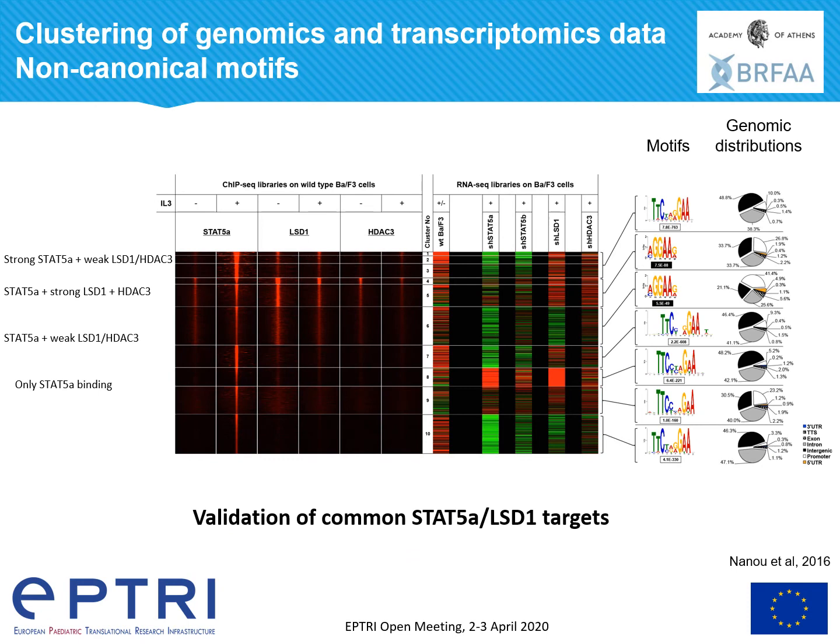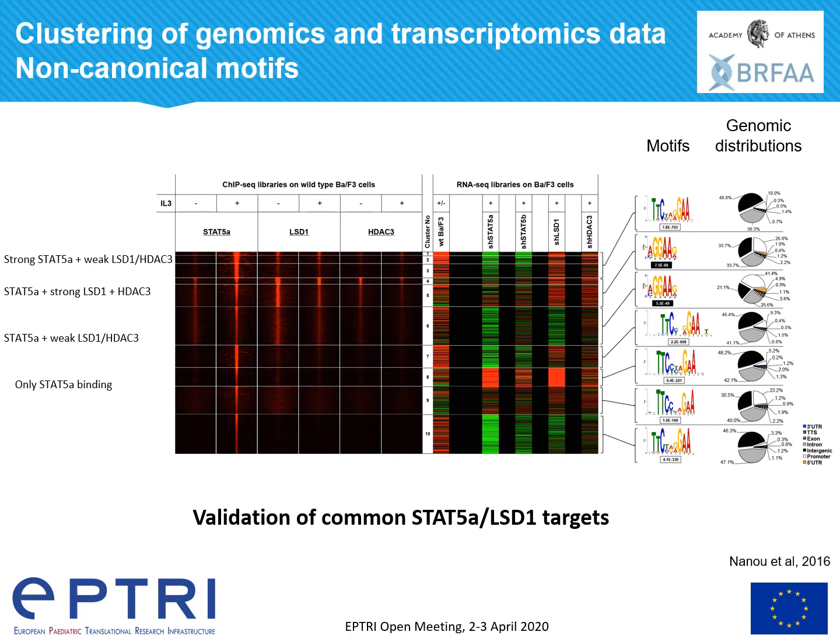We then performed clustering of the ChIP sequencing, the genomics and the transcriptomics data, and defined groups of genes with different binding of STAT5A, LSD1, and HDAC3 in terms of strength.